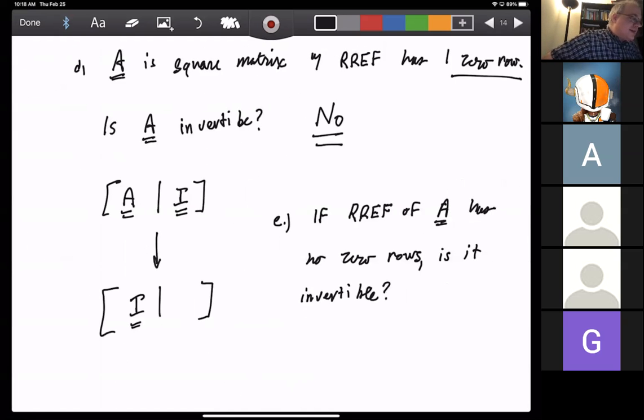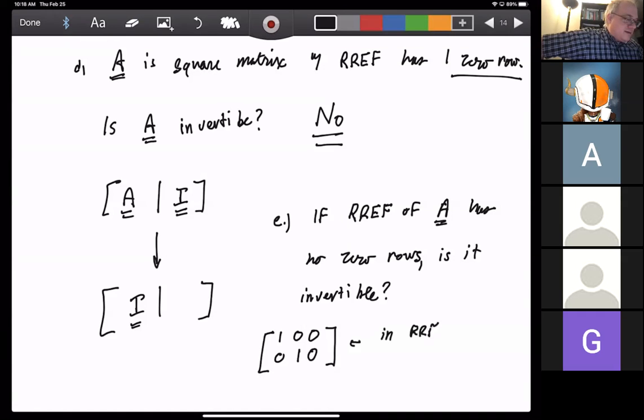So RREF of our matrix A now has no 0 rows. Does it have to be invertible? So let me give you an example of a matrix in RREF form. Okay, so notice that RREF doesn't require the matrix to be square.